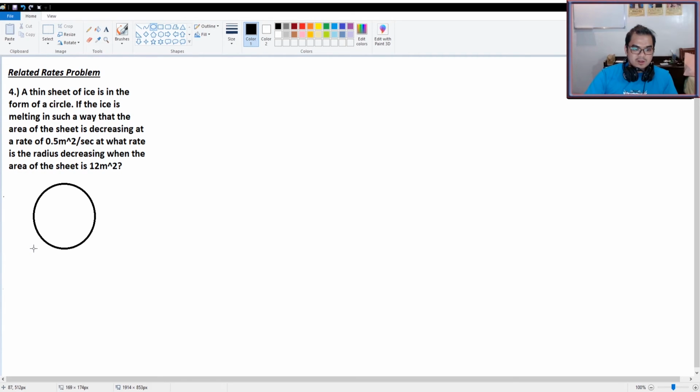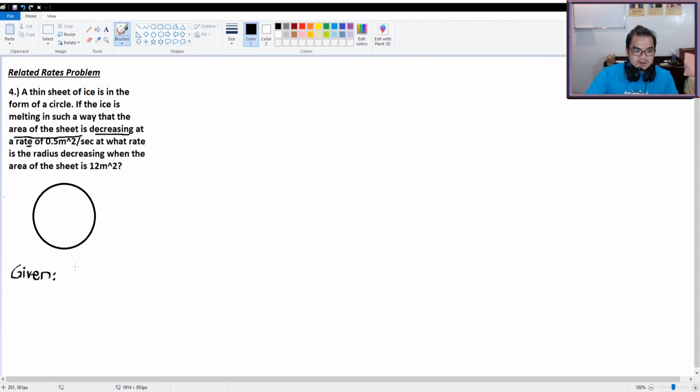So that is a circle, okay? And let's just write the given. Given is what? We have 0.5 square meter per second. The area of the sheet is decreasing at the rate of, so that is a rate.